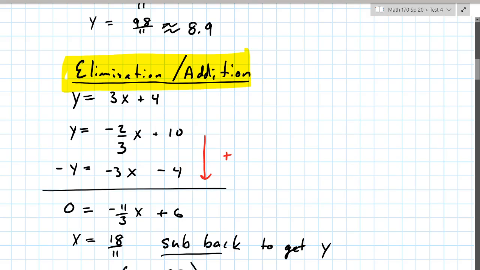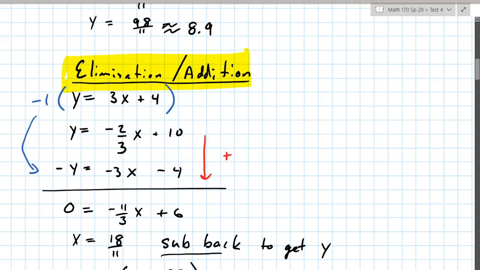So I have y equals and y equals. What I would like to have is one positive y and one negative y, so that I can add the two lines together. So what I do is I'm going to take the top line, multiply the whole equation by -1, and I'm going to rewrite it beneath the second equation.